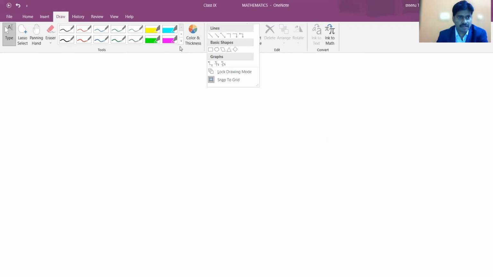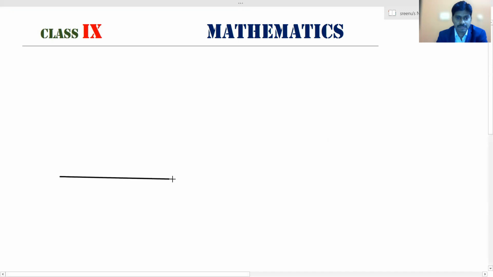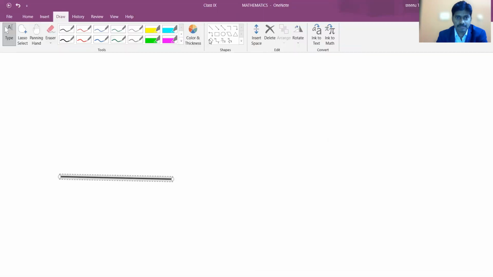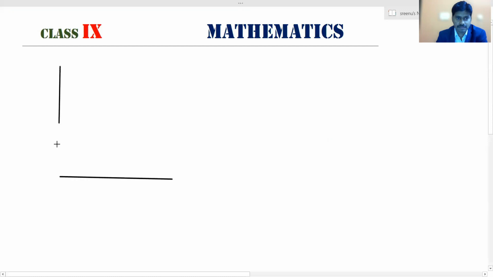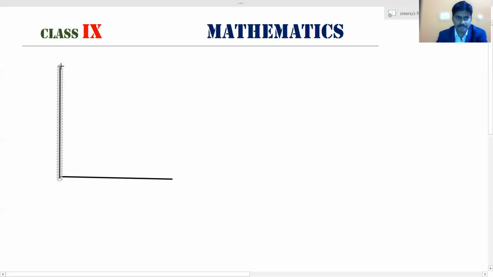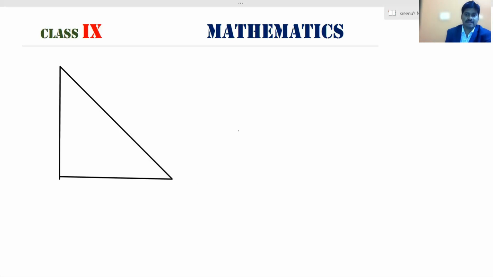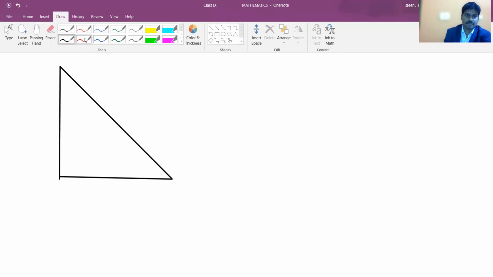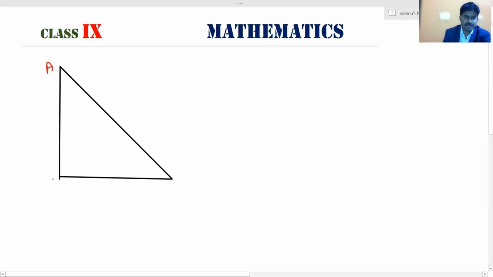We don't have right angles. I'm trying to draw the right angle triangle. Here is the right angle triangle. I will name it as A, B, C. And this is 90 degrees.